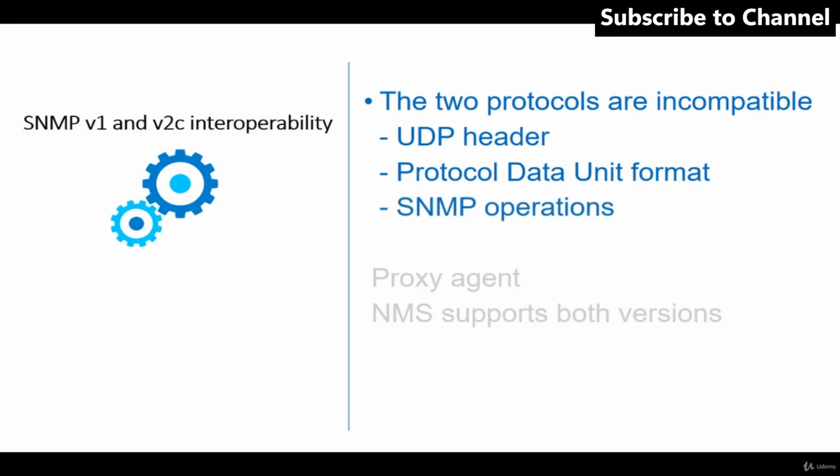There are of course some SNMP operations that v2c supports that SNMP v1 does not, and that's also another level of incompatibility. So there are a couple of ways to work around this. The first is the proxy agent, which translates SNMP v1 and sends it to older devices.